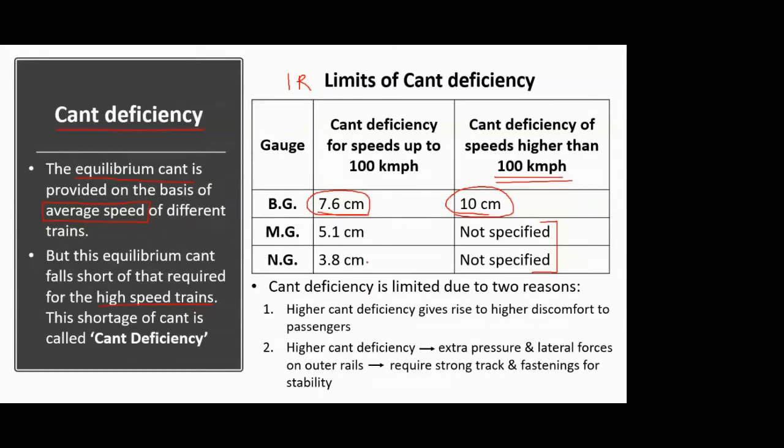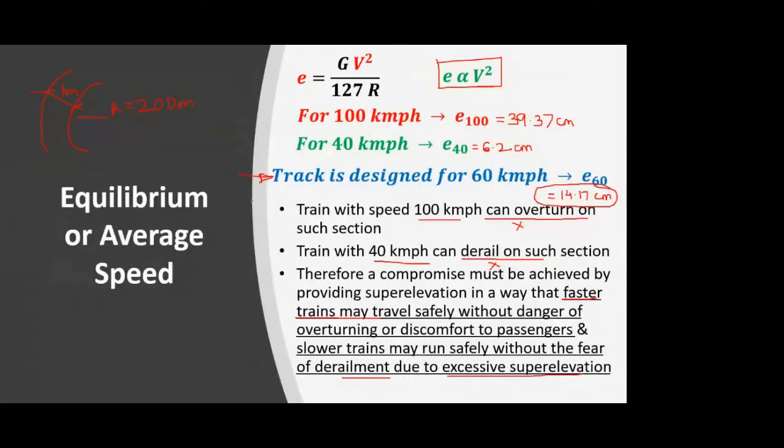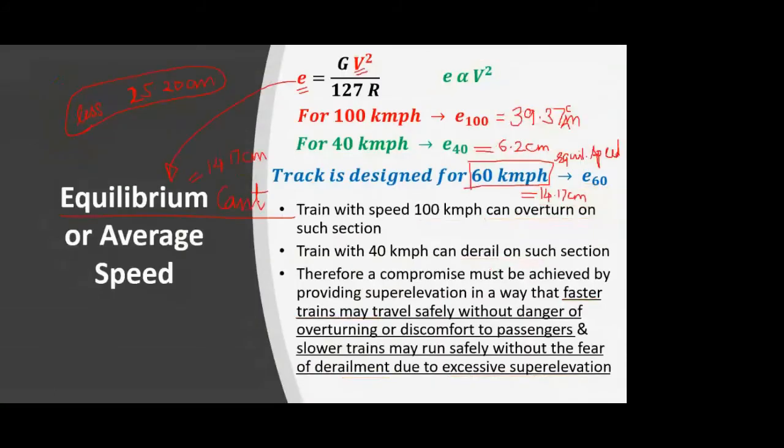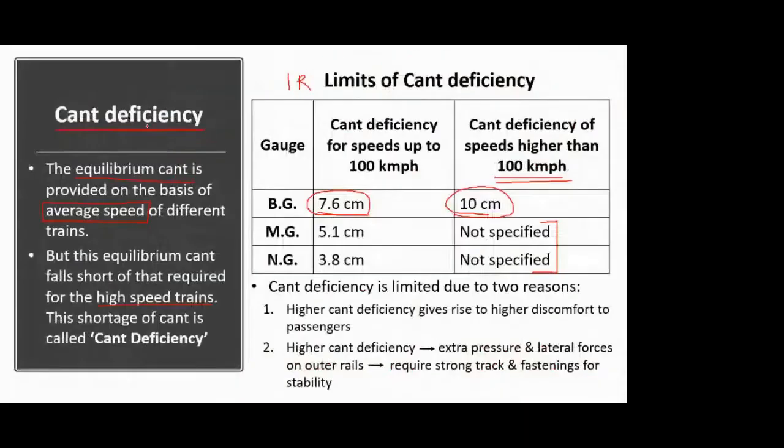If we don't provide a limit and allow the deficiency to be as high as possible, as in this case where we are getting a deficiency of 25 centimeter, I hope my calculation is correct, then the passengers experience greater discomfort when the train travels through a curve. You get a sway, a sideward jerk, and a lot of discomfort is felt.